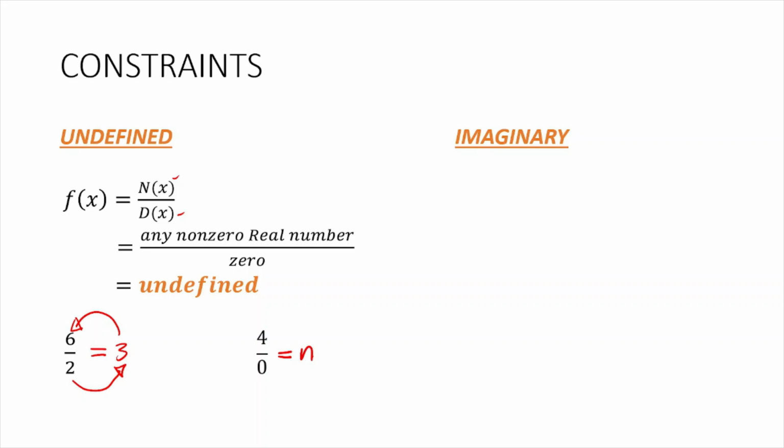The answer is clearly no. It's because there is no number that, when we multiply 0 by that number, will result in 4, or in this case, any non-zero real number. It's because 0 times any number, any constant value or any real number, is equal to 0. That's why this kind of expression is undefined.